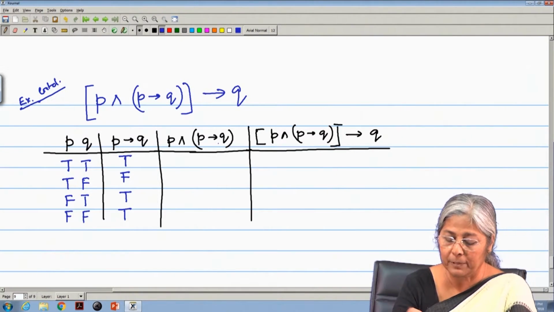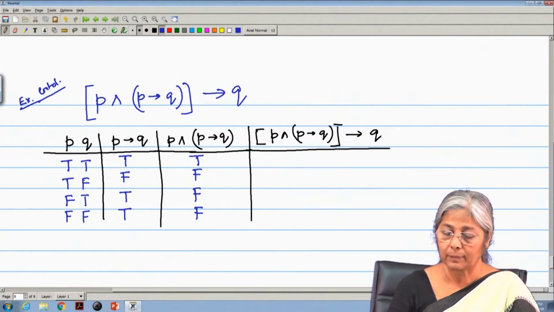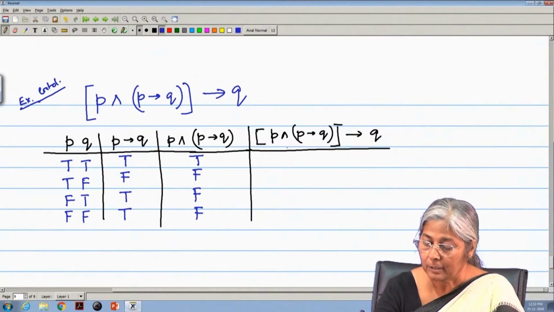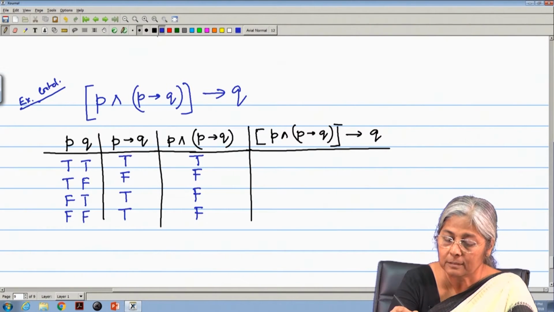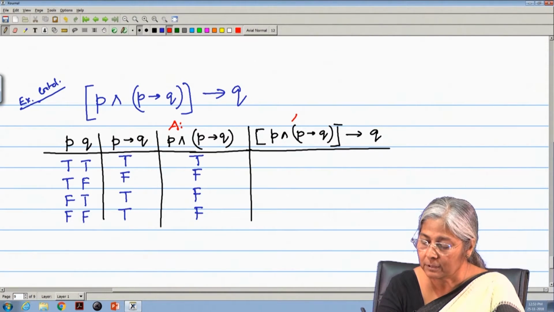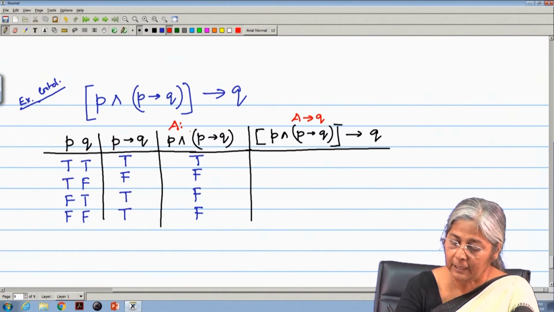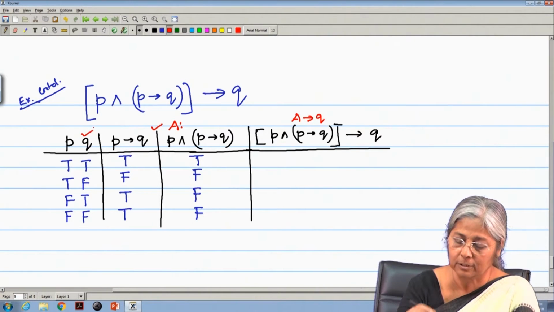Now, p and p implies q. So, T and T is T, T and F is F, F and T is F, F and T is F. Now, let us call this compound proposition A. That means this gives whether A implies q or not. So, I will check A and I will check q.